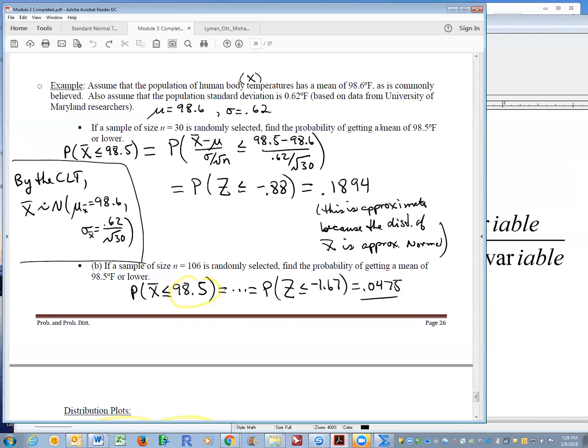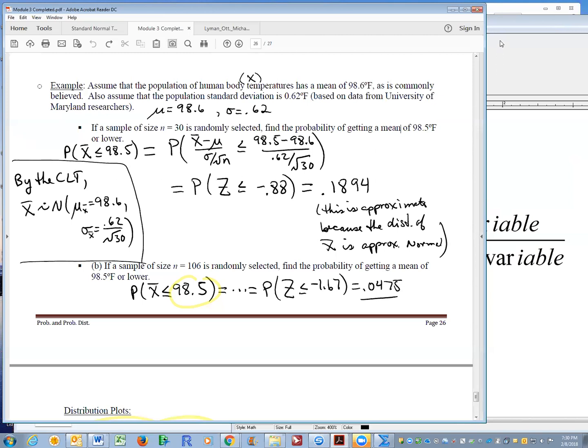What's the probability of getting a sample mean of 98.5 or lower? Now, the symbol for the sample mean is X bar. And so I think if you get to this point first, you realize, hey, I want to know the probability that X bar is less than or equal to 98.5.